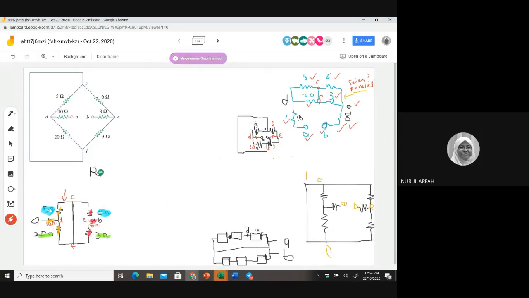Okay, R equivalent equal to, okay. This series, which one is in series? Which block? This block with this?